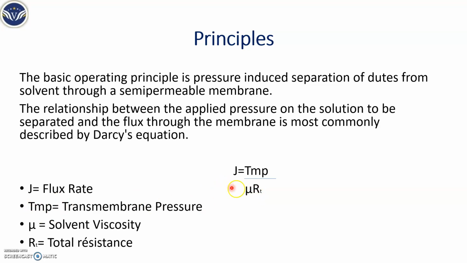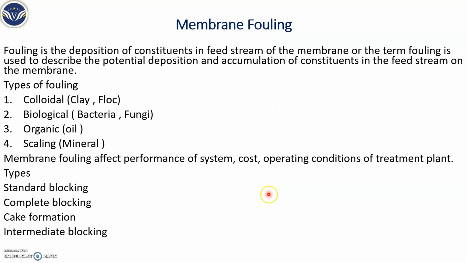J is nothing but the flux rate. TMP is nothing but transmembrane pressure. Mu is nothing but solvent viscosity. RT is nothing but total resistance over here. So this is that equation.